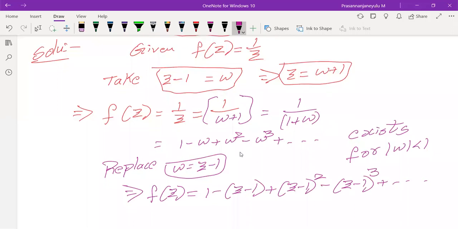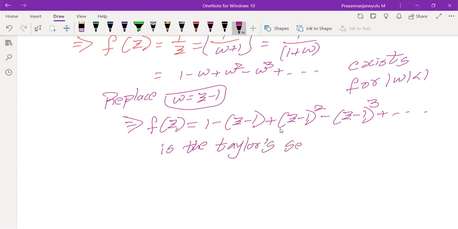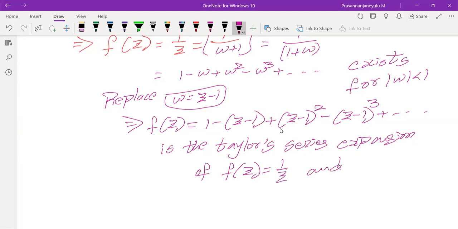This is the Taylor's series expansion of f of z equals 1 by z, and this expansion exists only in the region.